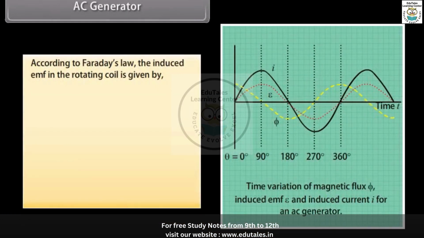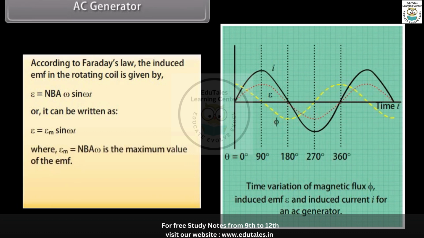According to Faraday's law, the induced EMF in the rotating coil is given by NBA omega sin omega t, or it can be written as E is equal to E_M sin omega t, where E_M is equal to NBA omega, the maximum value of the EMF. The induced EMF varies sinusoidally with time.